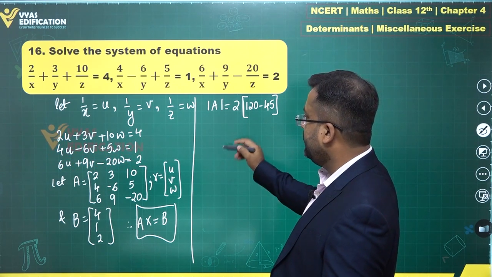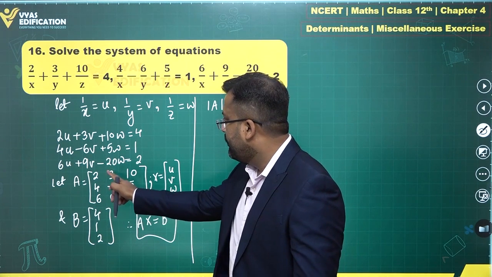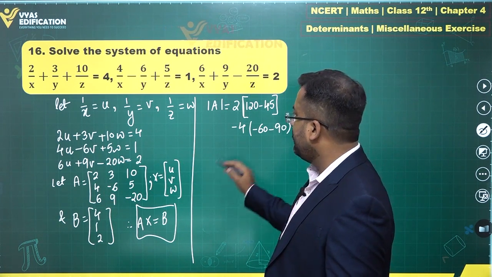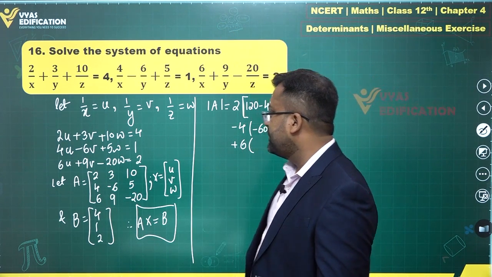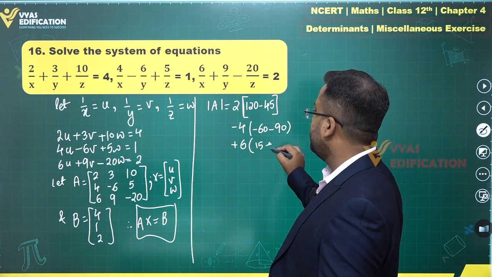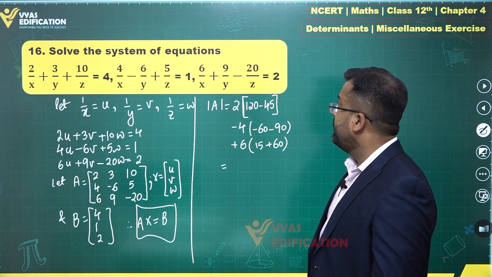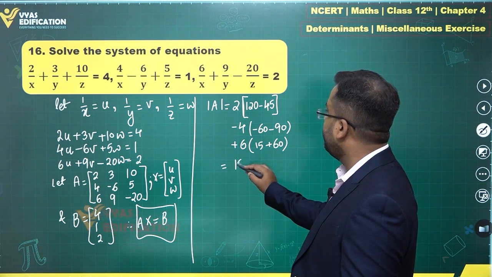Then you have minus 4 times this term, minus 60 minus 90, and then plus 6 times the other term. This is 5 times 3 is 15 plus 60. This is 120 minus 45, which is 75, and 75 times 2 is 150.